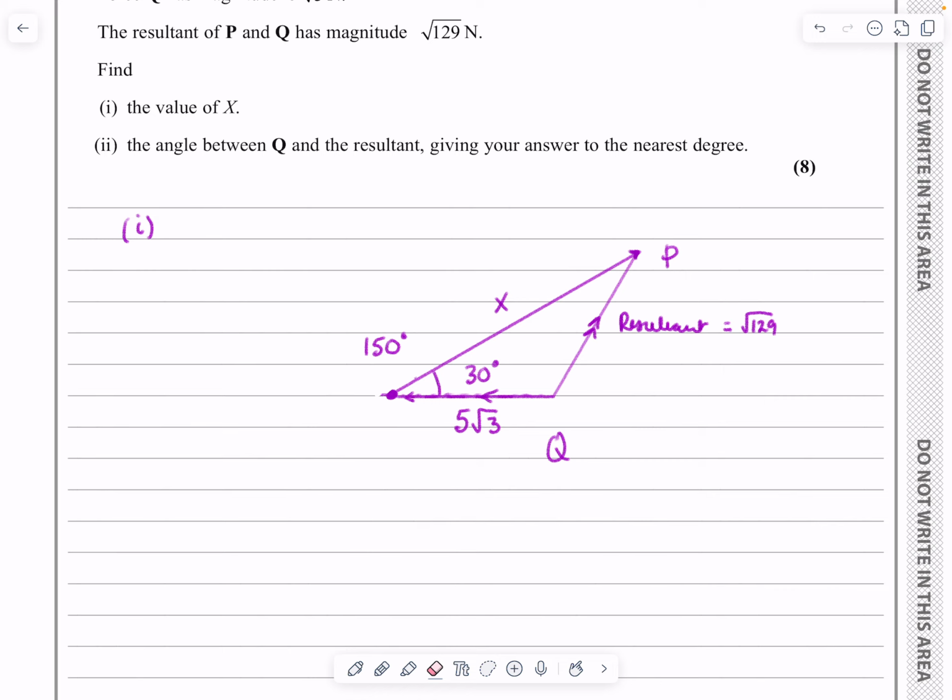Well, if I get rid of that angle there just for the time being, what I've now got here is a triangle where I've got two sides, either side of the angle, 30, and the opposite side there, root 129. Well, that looks very much to me like the setup for a cosine rule question.